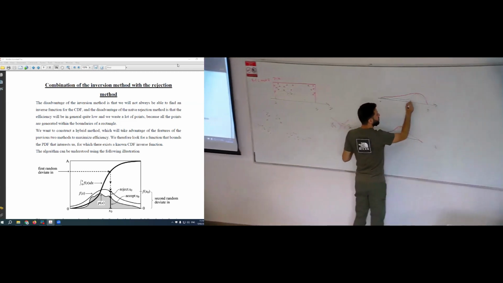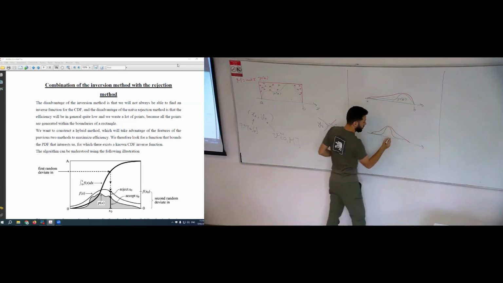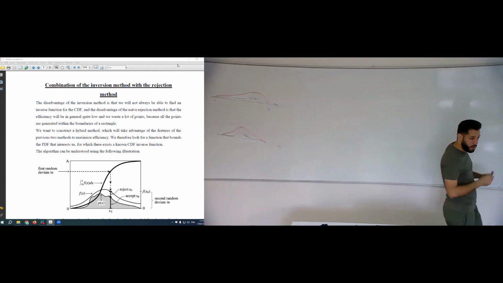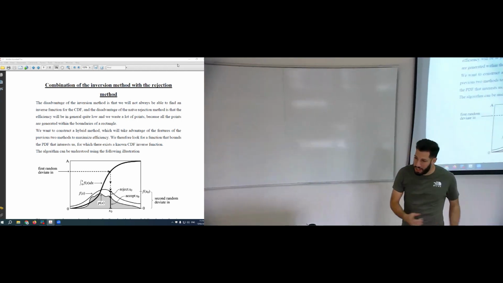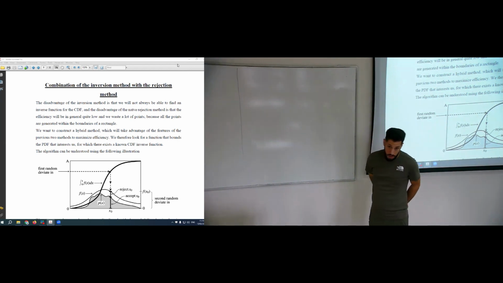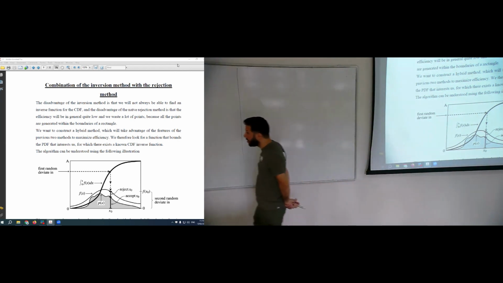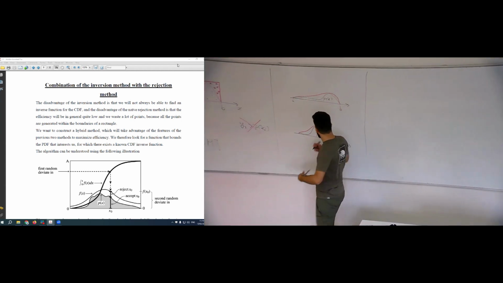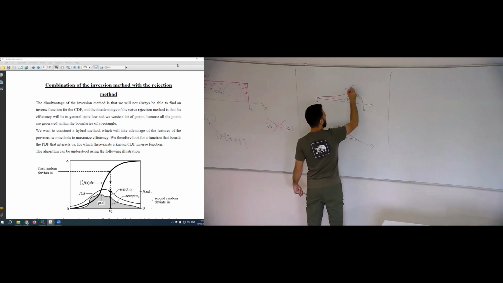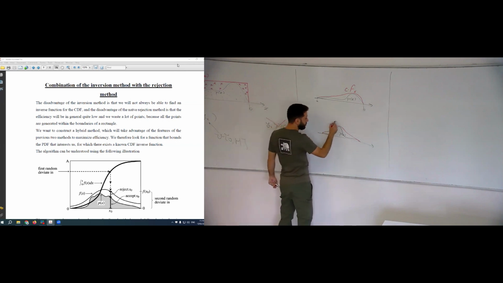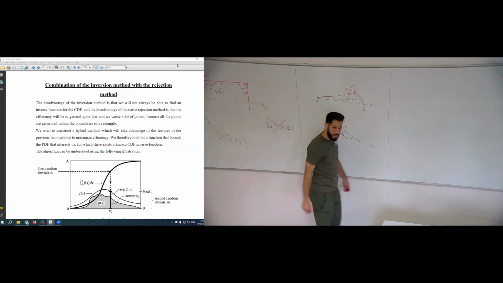So this function is P of x. This is P of x. And this function, the red one, cannot be a density, a PDF of some variable. Why? Yes, because the area under it is more than one. But it can be some C multiplied by a density. Okay.